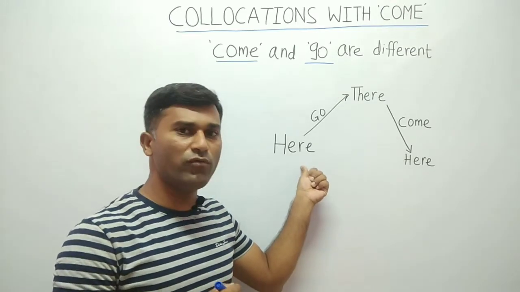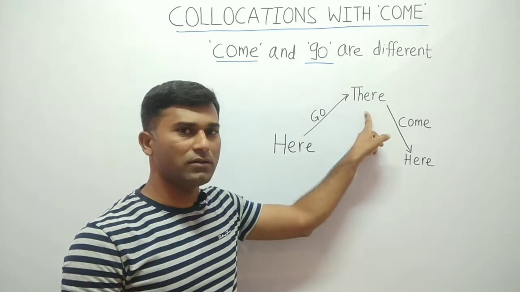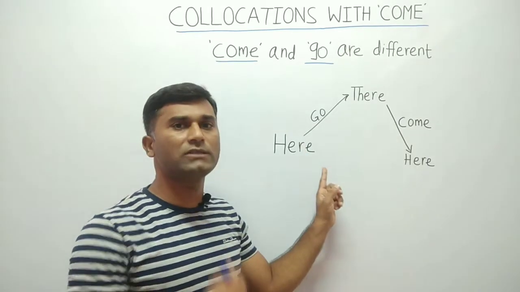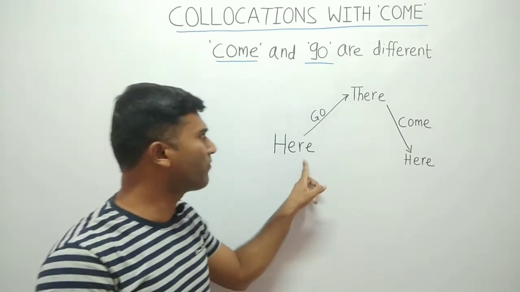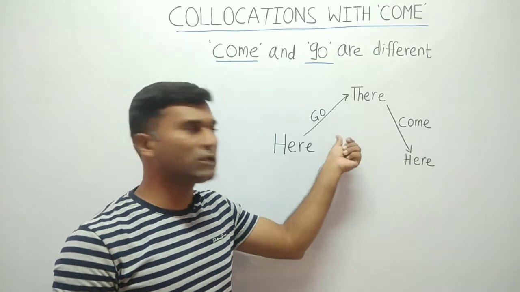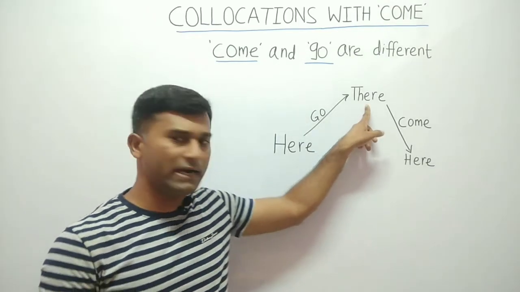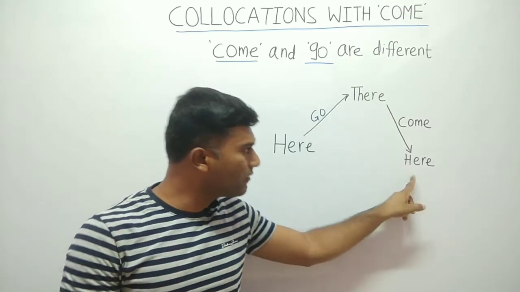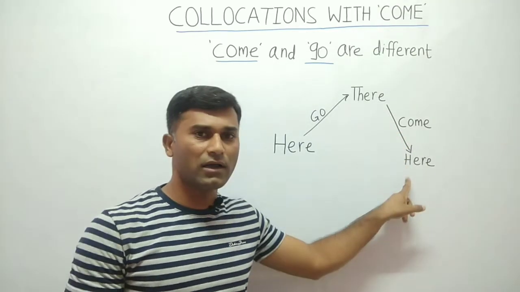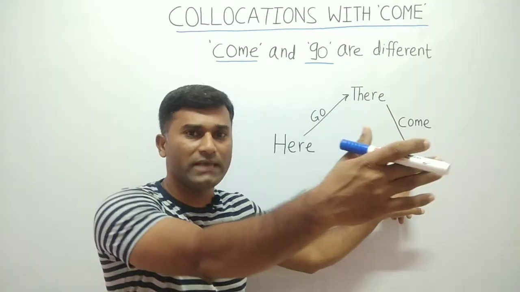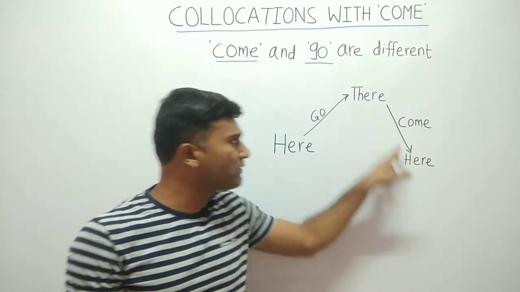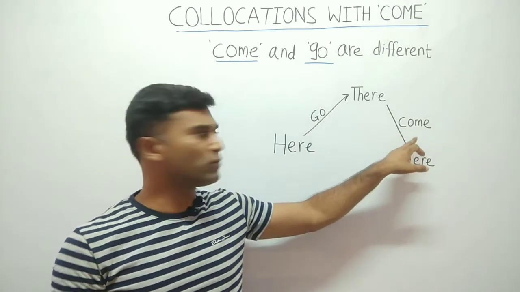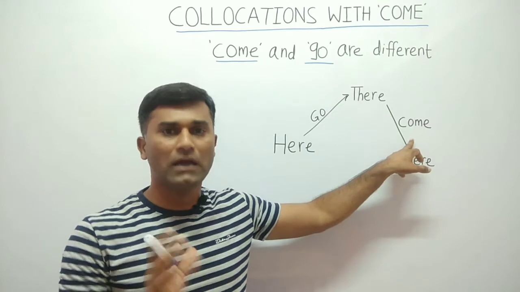If we move from this place to some other place, we call that go, that is going. So from here to there, that is go, and if we move from there and we come here, we call it come. If the movement is from there to here, that movement is called come. So this is the meaning of the verb come.